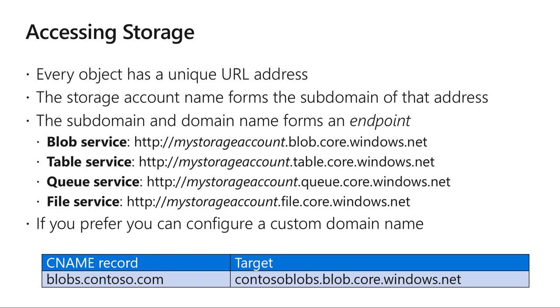Say you want to have your own contoso.com, you can provide a CNAME to map that. So it can be blobs.contoso.com, and the target will be contosoblobs.blob.core.windows.net. So there are many ways you can access that. For my demo account, I don't have a domain registered under it, so I have the default one given by Microsoft.